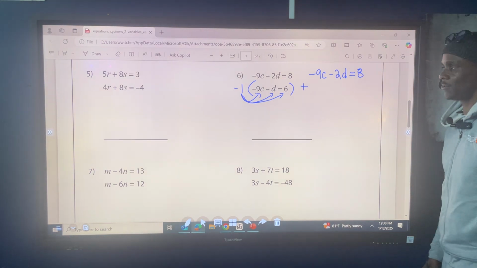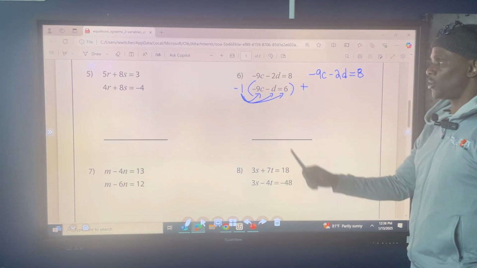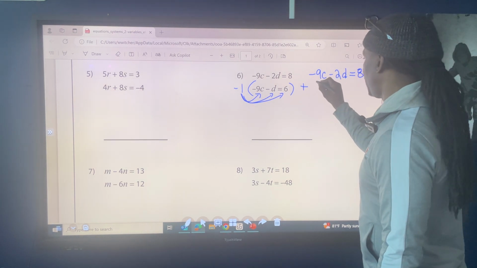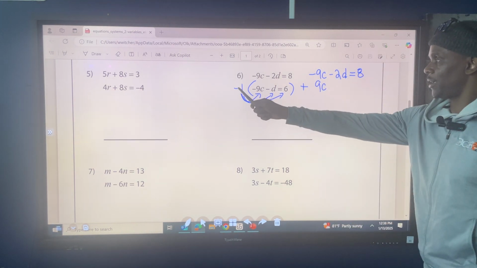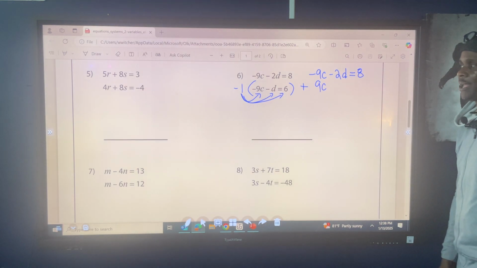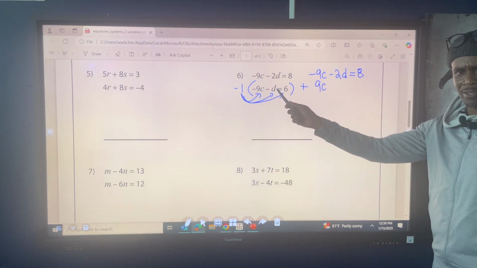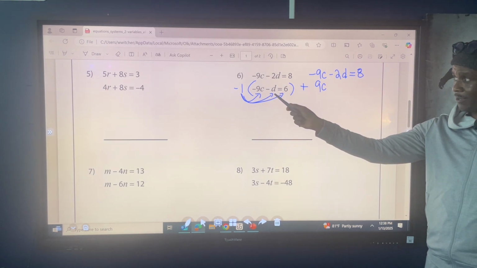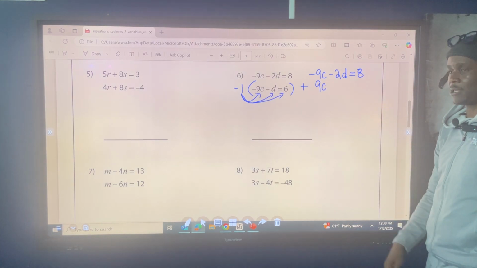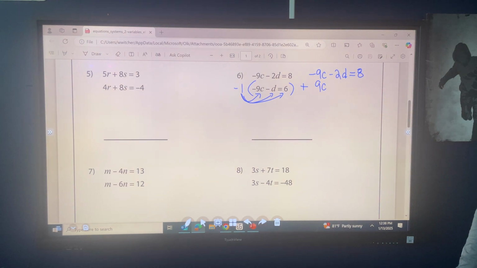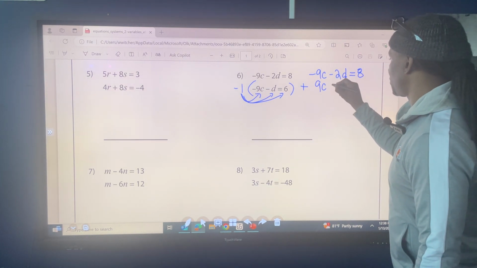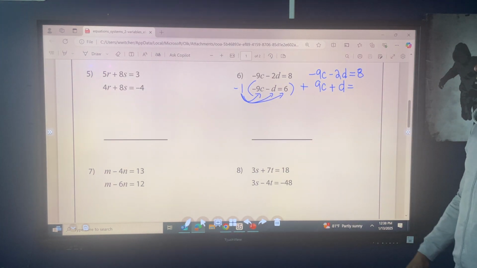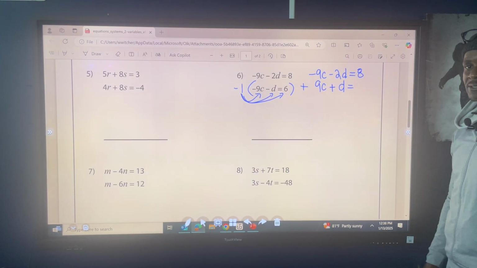Don't let her figure it out. Positive 9. Negative 1 times negative d is positive d.